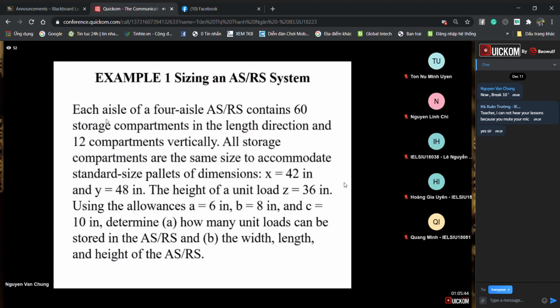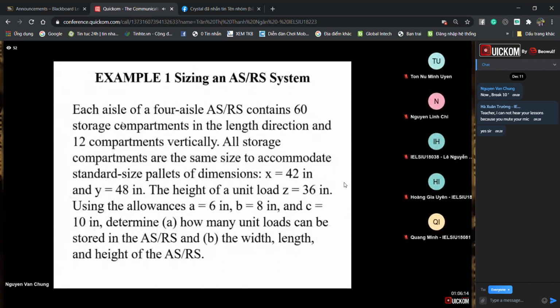Is L of 4? Maybe everyone forgot this. You see, it is L of 4. The ASRS contains storage compartments.